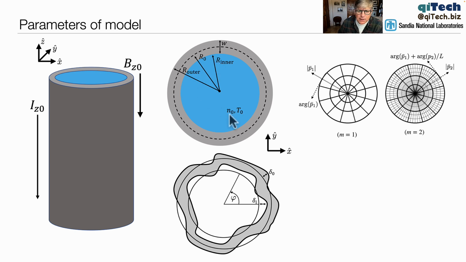The density of the gas is little n0, and the temperature is T0. There is an azimuthal perturbation put on the liner of size delta I on the inner surface, delta O for the outer surface, as a function of the azimuthal angle phi.